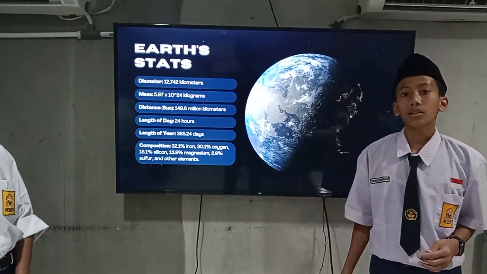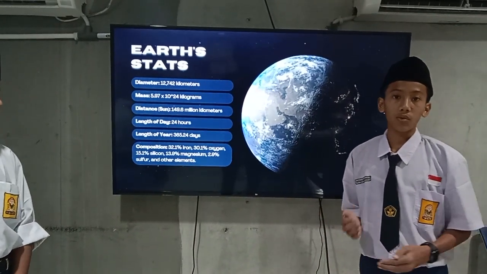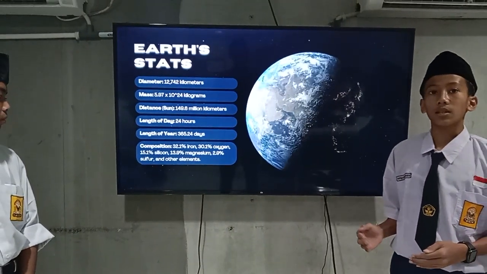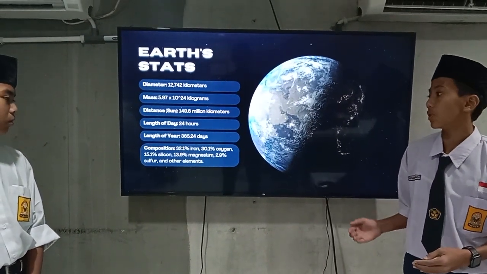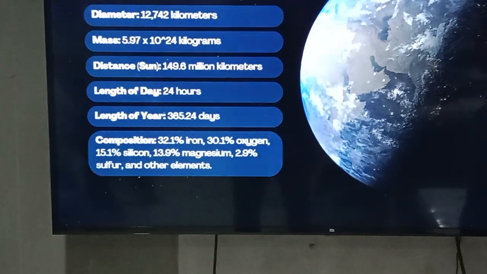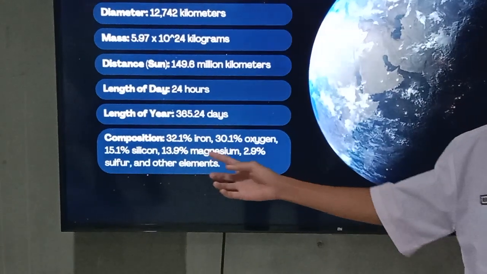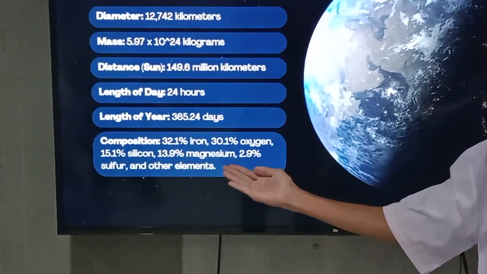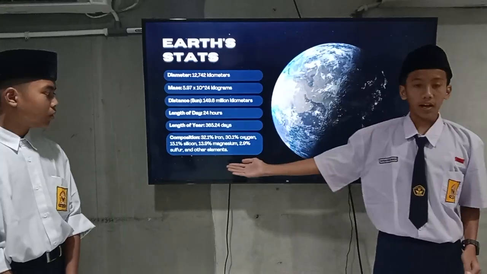The length of the day is 24 hours. The length of the year is 365.24 days. The composition includes iron, oxygen, silicon, magnesium, sulfur, and other elements.